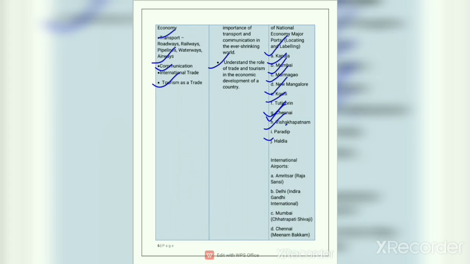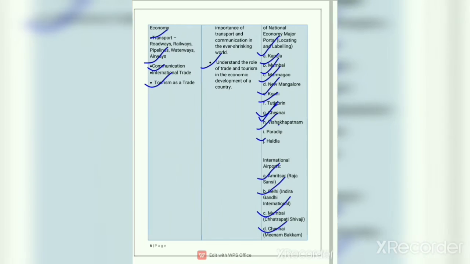You should also be able to locate international airports such as Rajasansi, which is there in Amritsar, Indira Gandhi International Airport, which is there in Delhi, Chhatrapati Shivaji, which is there in Mumbai, then Meenambakkam, which is there in Chennai.